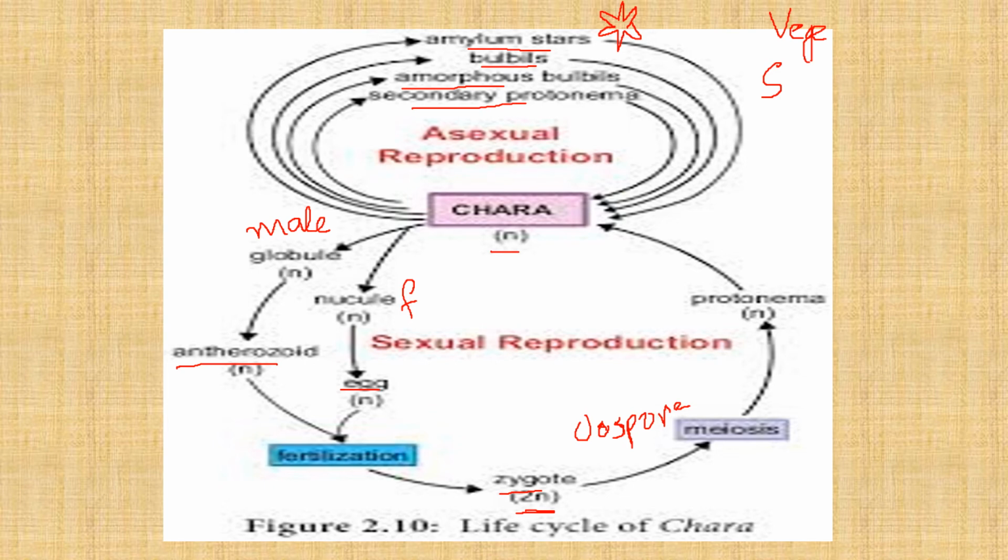Actually, the zygote develops a wall which can be either yellow, red or brown colored. This thick wall is for protection of the zygote under desiccation conditions or very high intensity of sunlight.